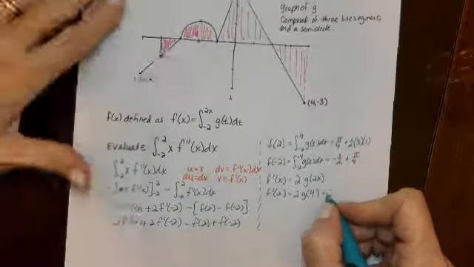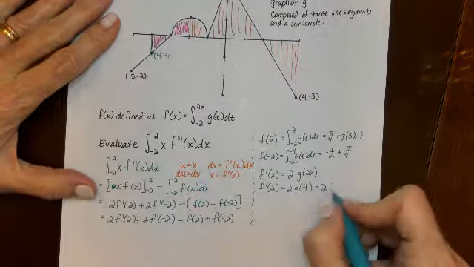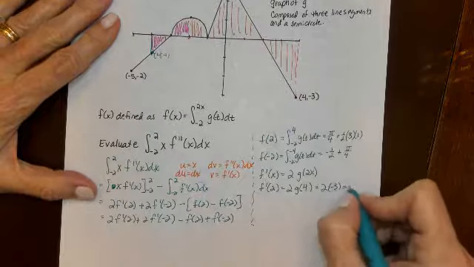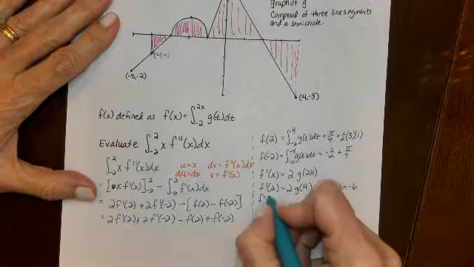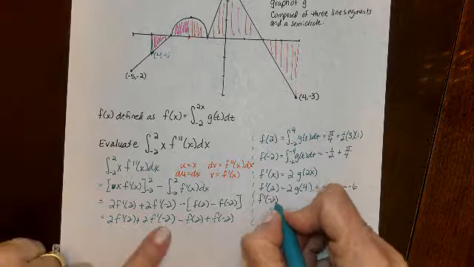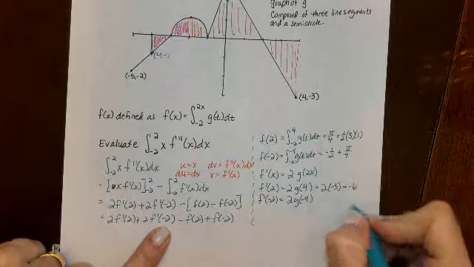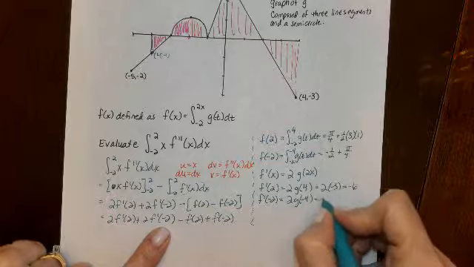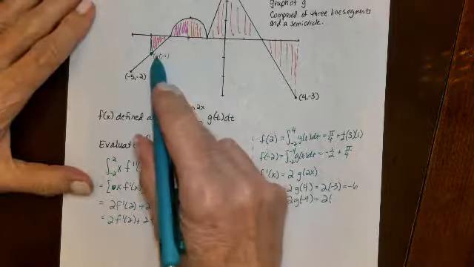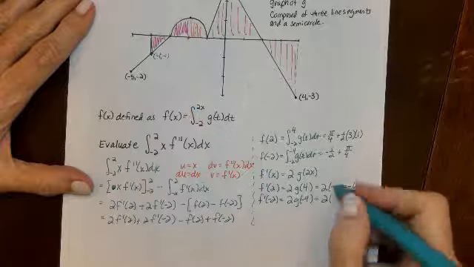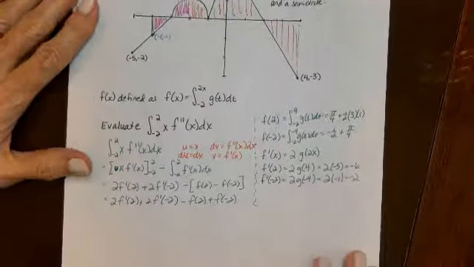And g of 4 is negative 3. F prime of negative 2 will be 2g of negative 4, which will be 2 times g of negative 4 is negative 1. So f prime of negative 2 is negative 2.